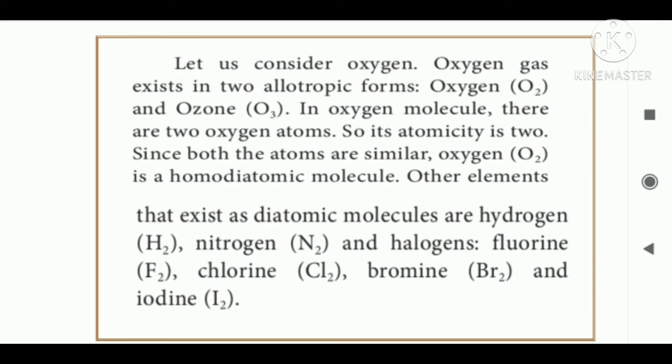Other elements that exist as diatomic molecules are hydrogen, H and H. Both atoms are the same, so that is also a homodiatomic molecule. Nitrogen is also a homodiatomic molecule. Fluorine F2, then chlorine, bromine and iodine are all examples of homodiatomic molecules.